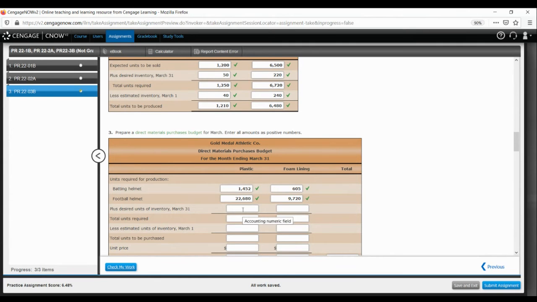So again, we're going to have to scroll to the top to look for the desired units of ending inventory that are for the plastic materials.